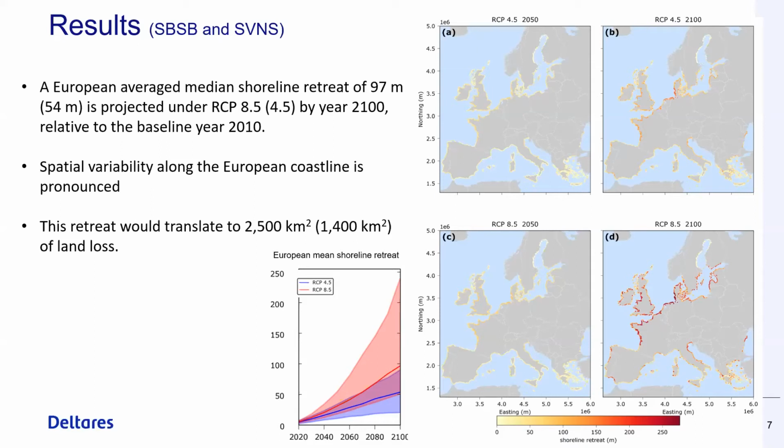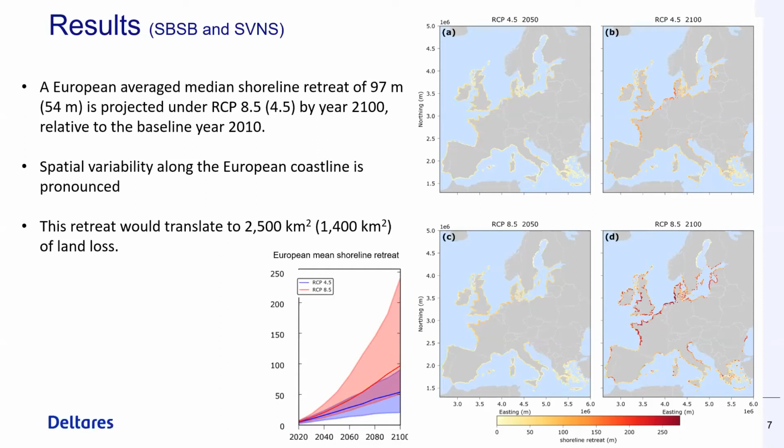As I mentioned, the spatial variability is quite increased when we're using this new coastal slope information, which is something that so far was not taken into account in previous assessments, and can really increase the information that we have and how it can be translated to regional information that could be used for coastal zone management, for example.